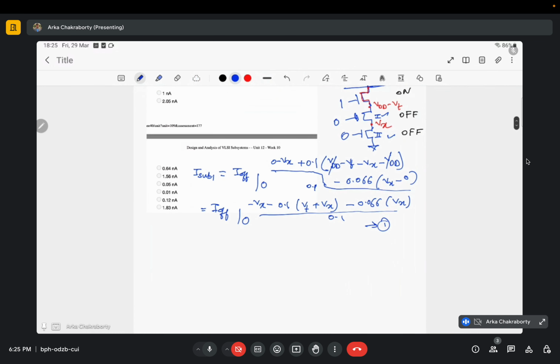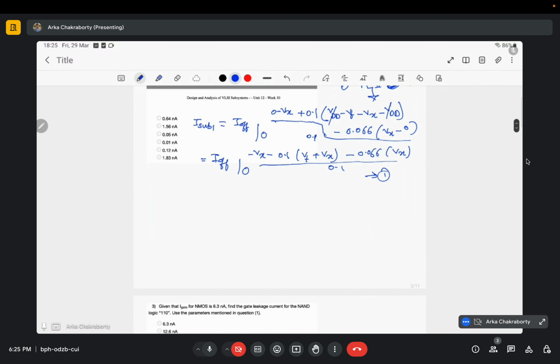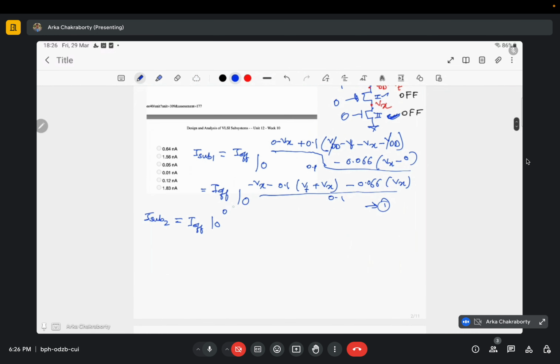And for transistor 2, I will get another equation. I subthreshold 2 would be equal to I0 into 10 to the power VGS, where Vg is 0 and Vs is also 0, plus eta, which is 0.1, times VDS, which is Vx minus 0, so VDS is Vx, plus VDD, minus 0.066, that is K gamma, into VSB, where Vs is 0 and Vb is 0, all divided by 0.1.